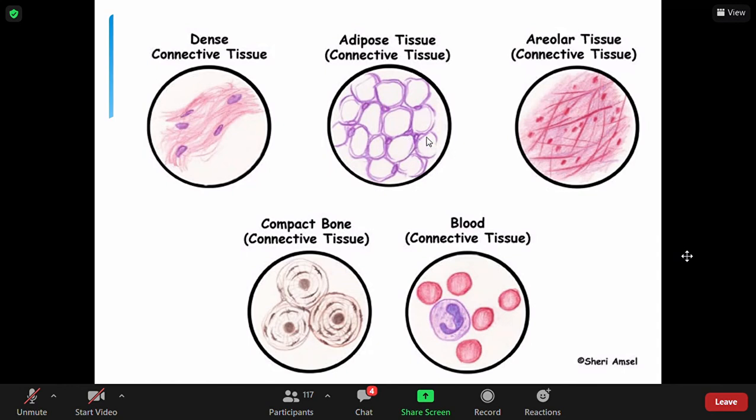Okay, and then areolar tissue, or you say loose connective tissue. So if one looks at them, you would see already the differences here. Okay, loose, spaces. Well, here you have lots of fibers, and of course this will be in the other lecture. Compact bone. Okay, and then you have blood connective tissue. So it's in a liquid form.